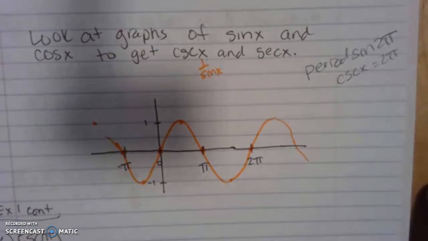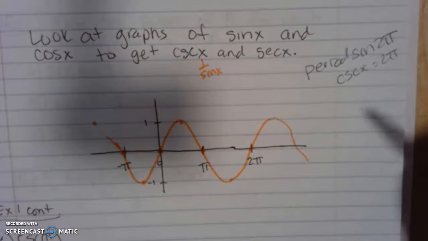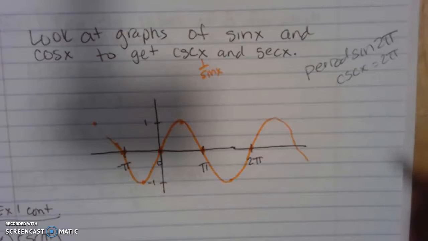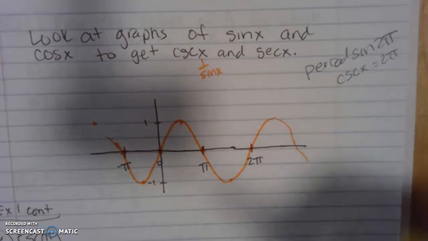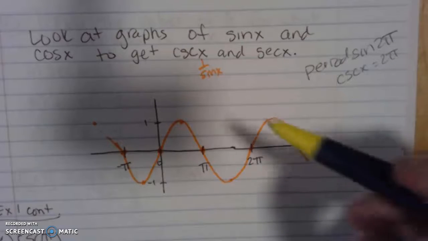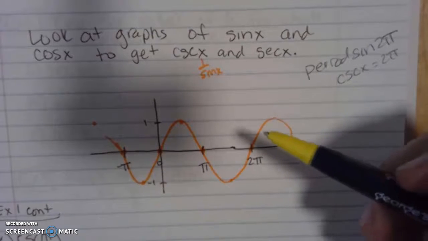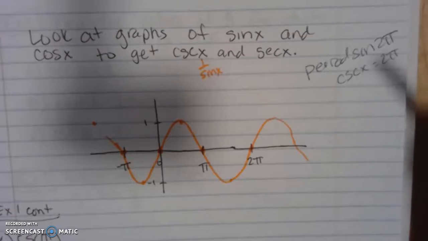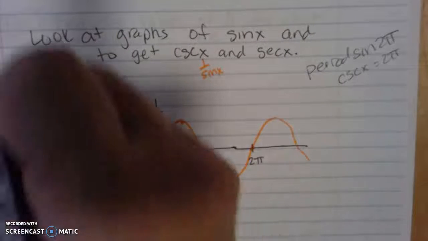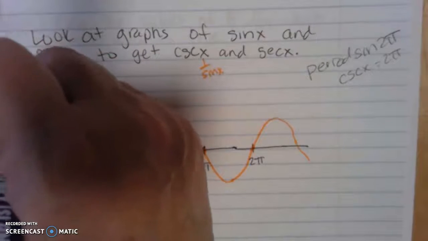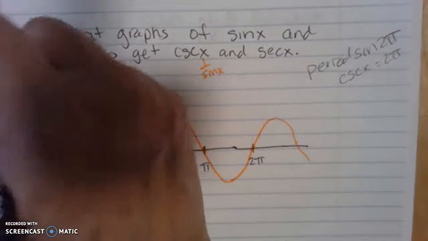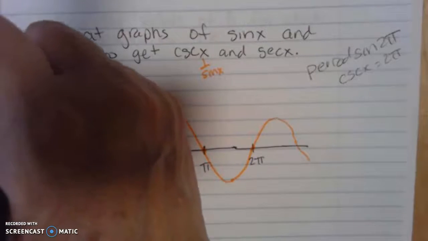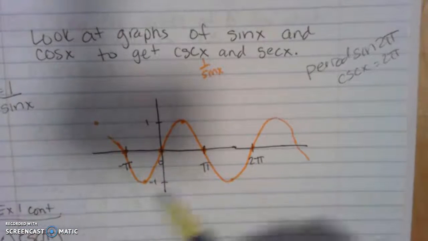This is just going to be the inverse. So to get cosecant, they have a reciprocal relationship. To get the cosecant graph, we're going to list our asymptotes. When is cosecant undefined? Since cosecant x is 1 over sine x, when is sine 0?